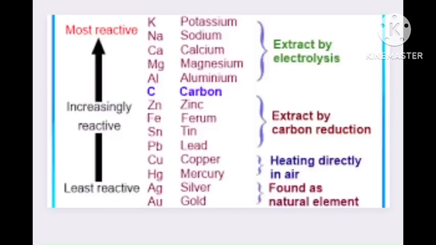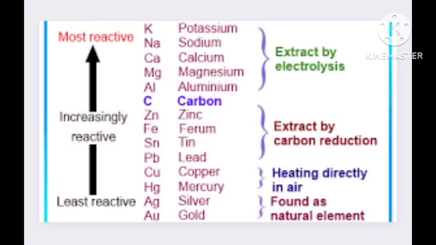Now, to discuss the extraction of metals, we again need to discuss the reactivity series of the metals. On the basis of their reactivity, metals are differentiated into three categories: metals of low reactivity, metals of high reactivity, and metals of middle reactivity.